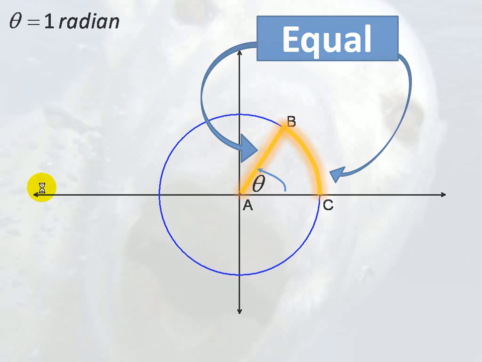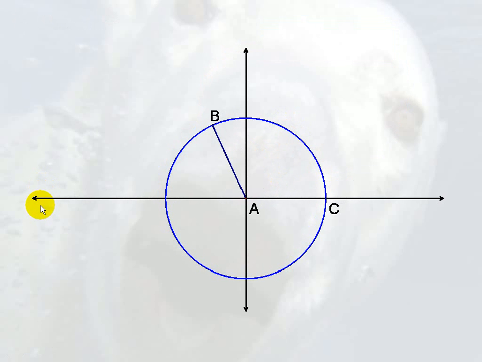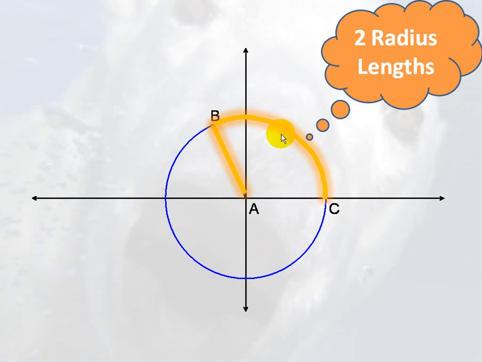Now, let's suppose that we go twice the distance, so that now this arc is 2 radius lengths. Now, we still have an angle formed. Notice that this terminal side AB is the result of rotating counterclockwise from the initial side here, which is the axis.